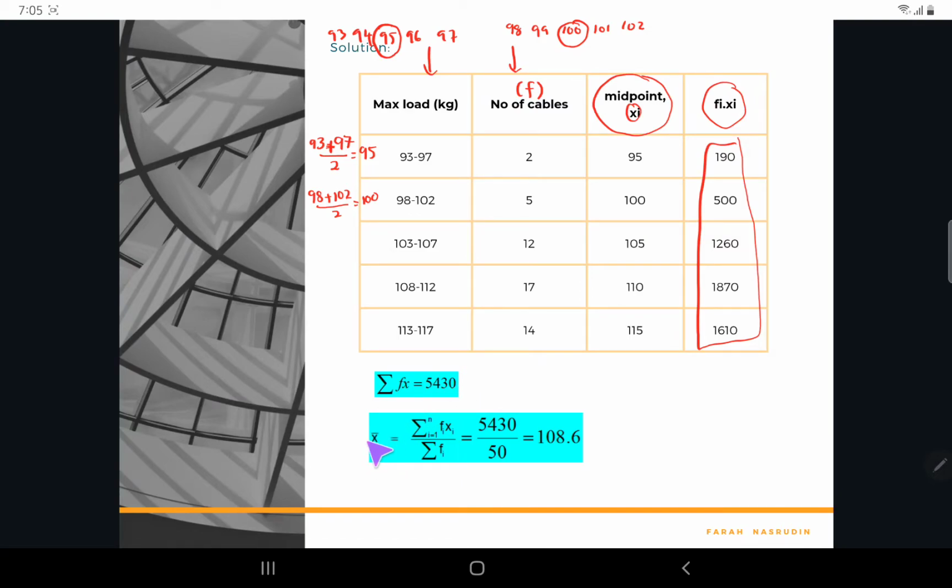To find the mean, we need to divide our total of fx, which is 5430, by the total of frequency, which is 2 plus 5 plus 12 plus 17 plus 15, equal to 50. So our mean is 108.6.